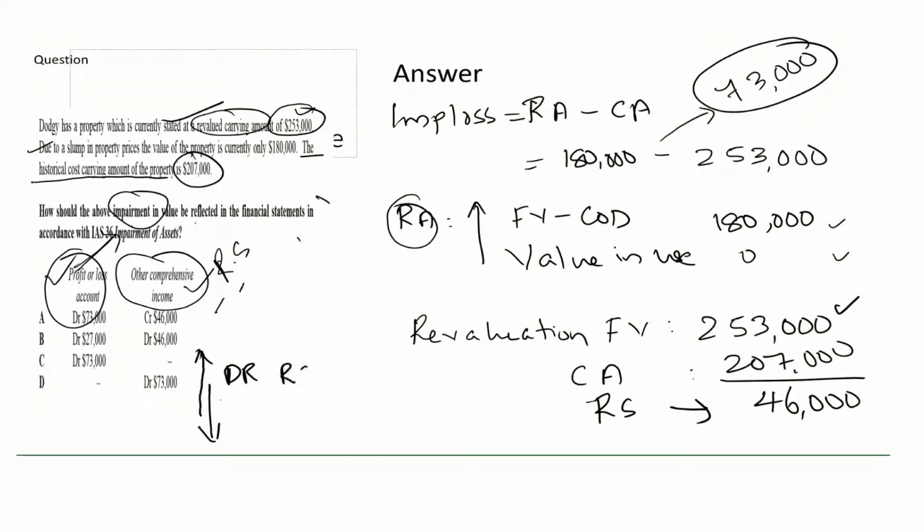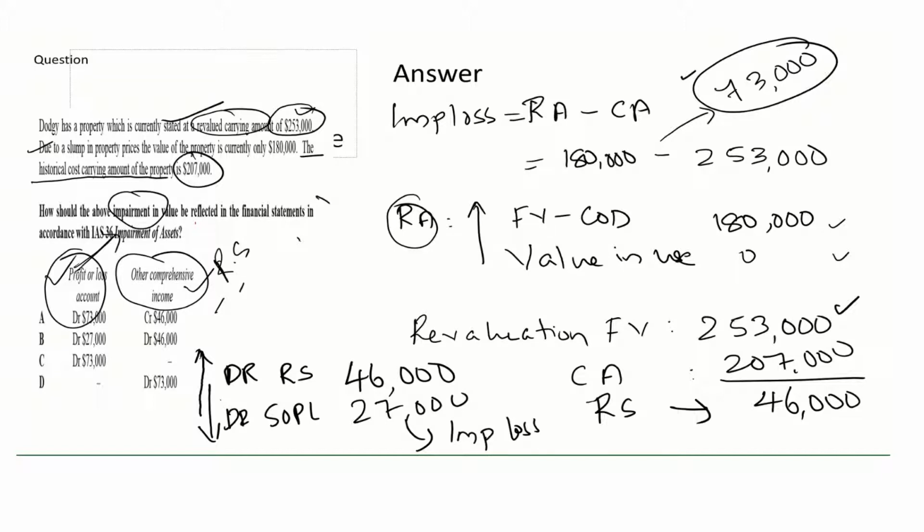So debit revaluation surplus 46,000, and the balance amount, 73,000 minus 46,000, which is 27,000, will be debited to SOPL as impairment loss. So this is the amount of impairment loss, and the balance amount should be cancelled from revaluation surplus. Thank you.